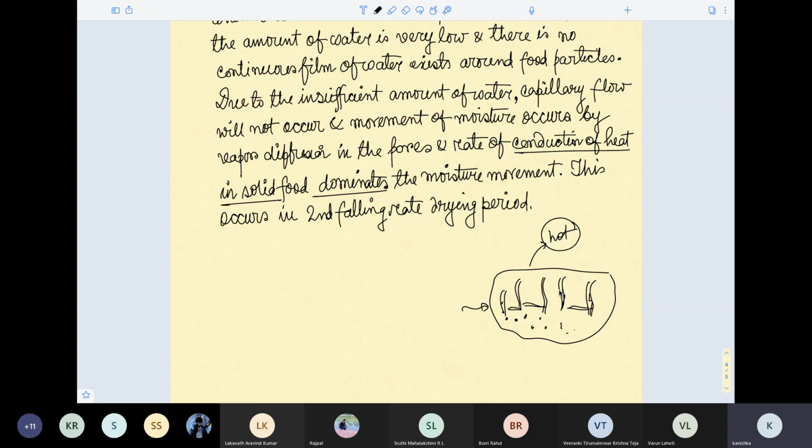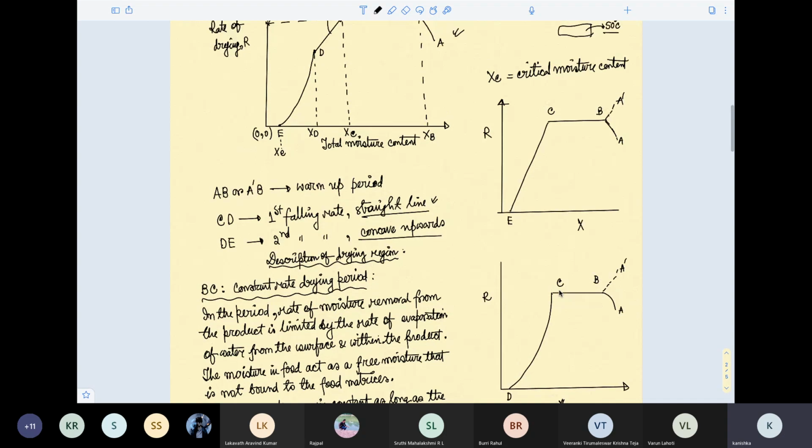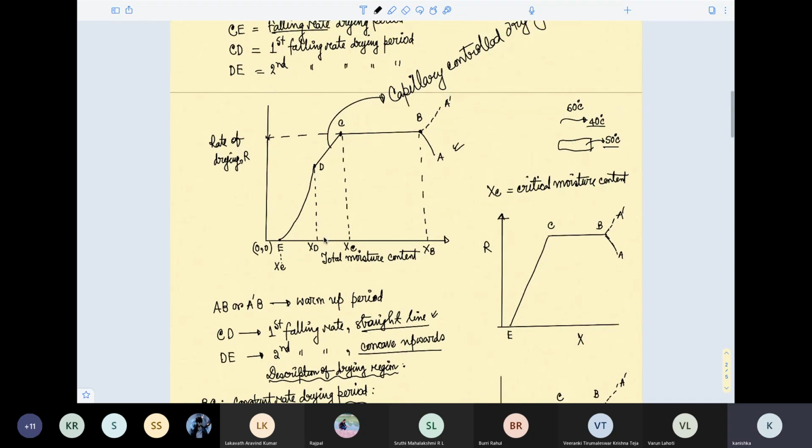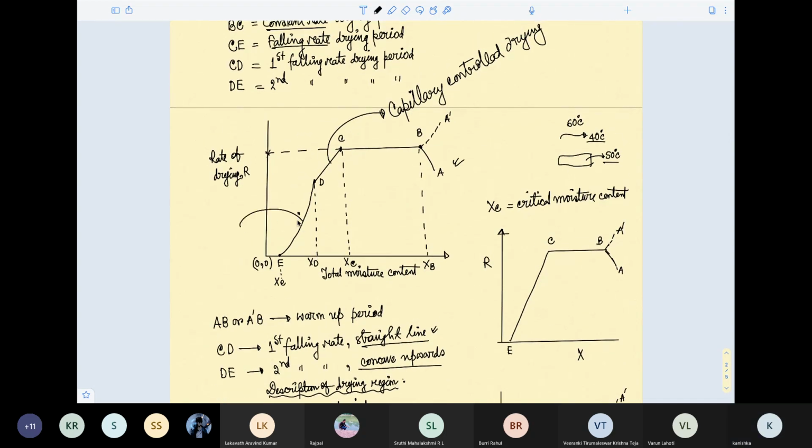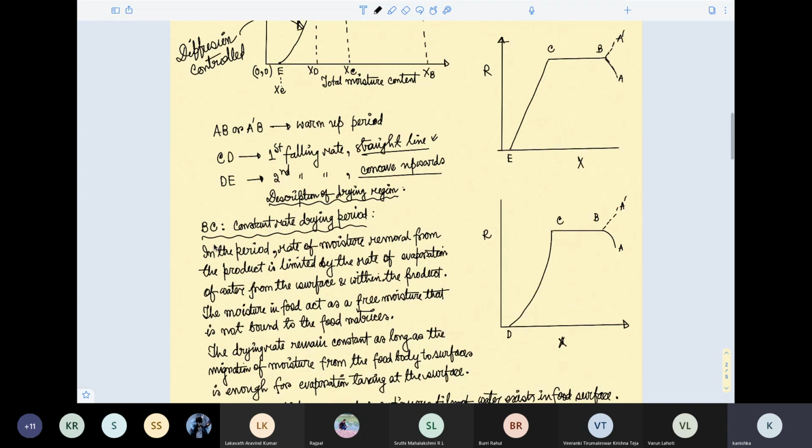Okay, is it clear? So here, this one is the diffusion control. All right.